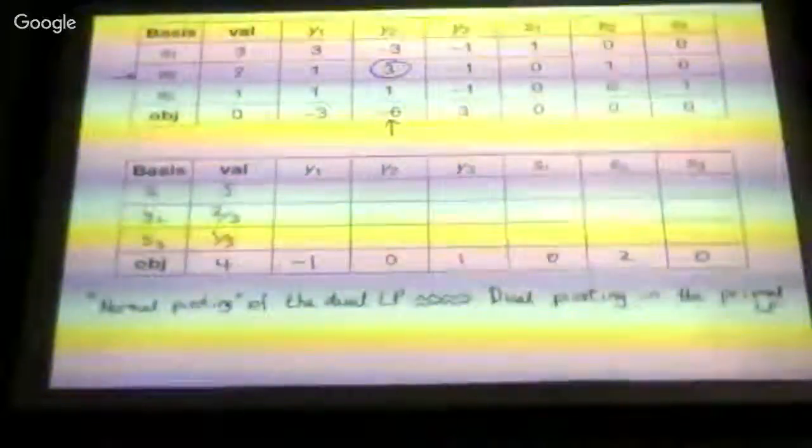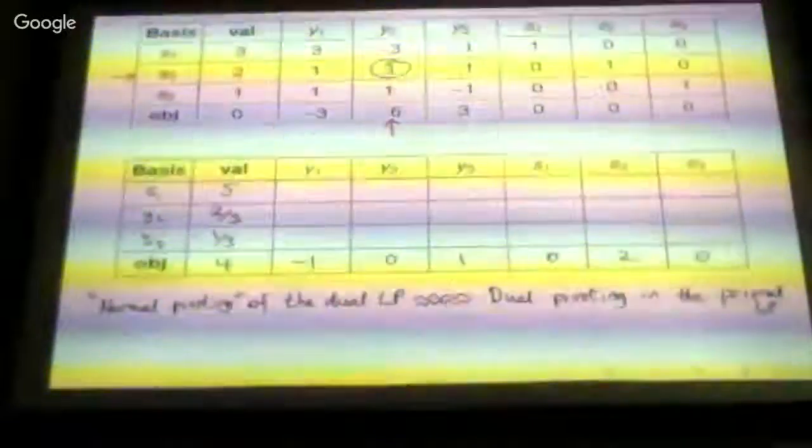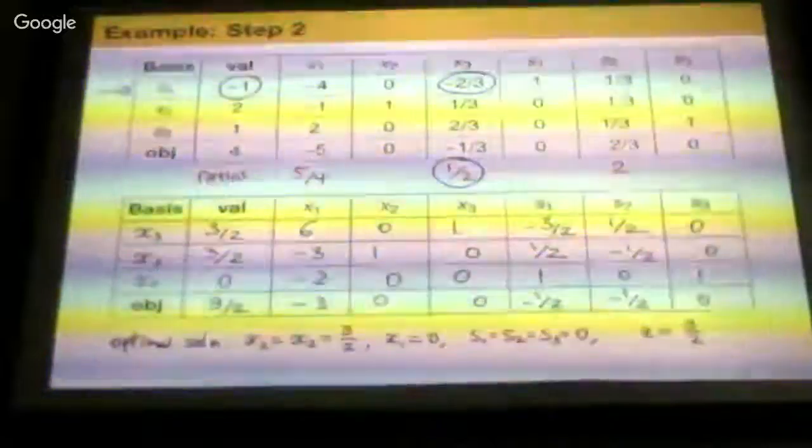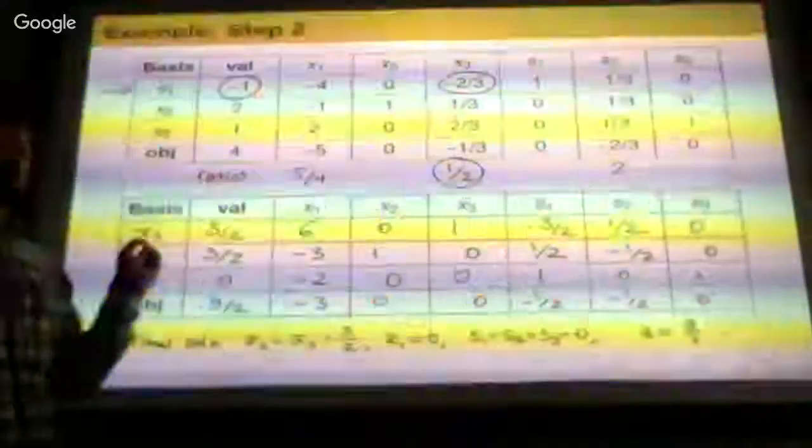And so what we're looking for, when I go back here, this is the final tableau for our problem.